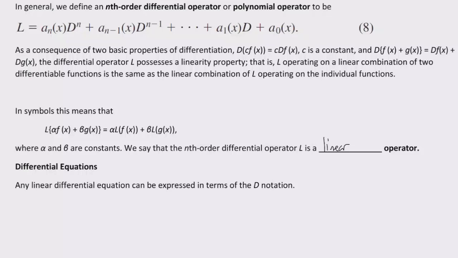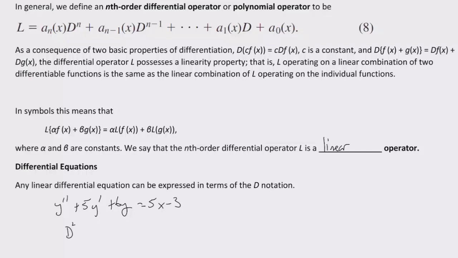So say, for example, we take the differential equation y double prime plus 5y prime plus 6y equals 5x minus 3, and I can rewrite this using that differential operator.